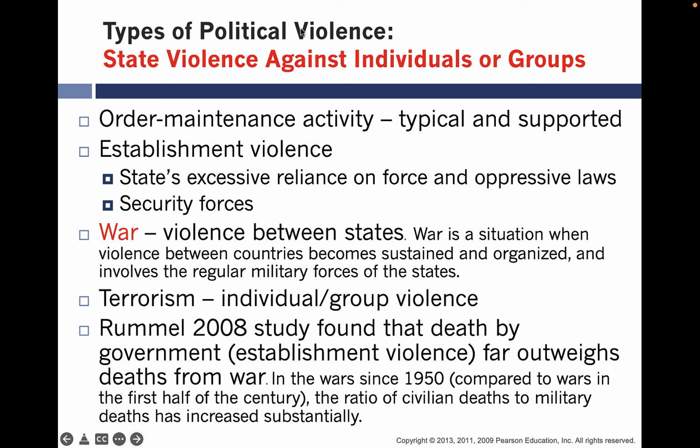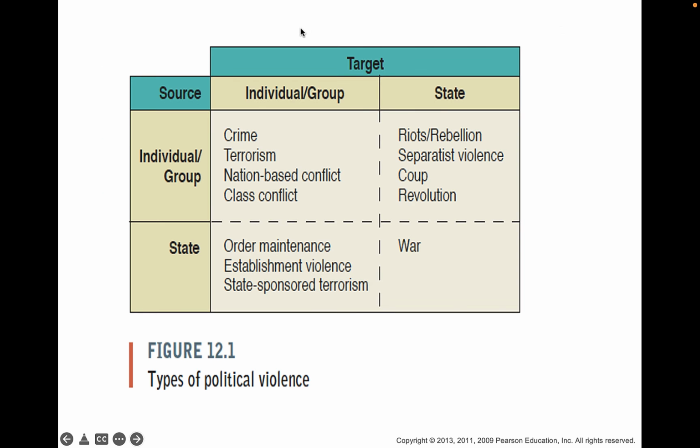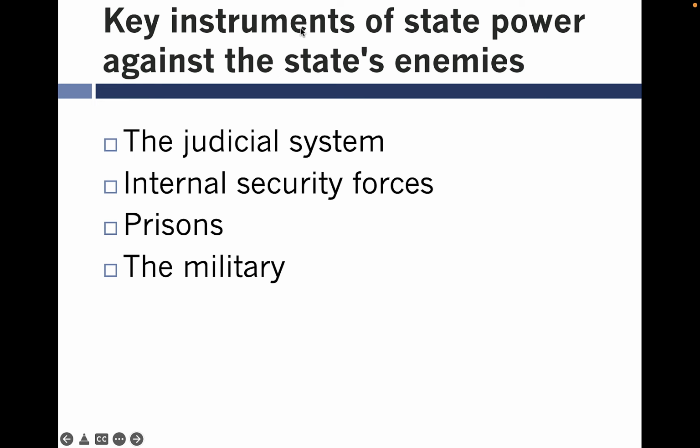War: violence between countries, violence between governments. Terrorism, where an individual or group commits violence against a group of individuals or another state or country. And then Rummel in 2008 found that deaths by government establishment violence far outweigh deaths from war. Some of the things we have here are instruments of state power against the state's enemies. We have the judicial system, which ties in with prisons.